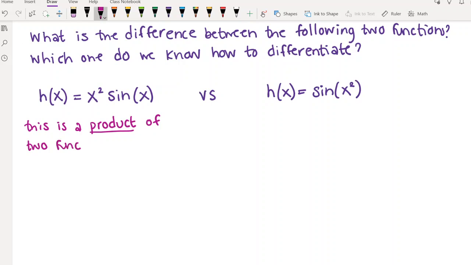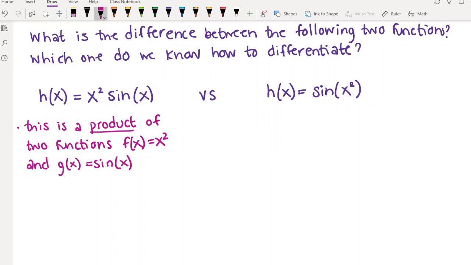Specifically, it's the product of the functions f of x is equal to x squared and g of x is equal to sine of x, right? If you read this function out loud to someone, you would say x squared times sine of x, meaning that it's a product. You're multiplying two things together.